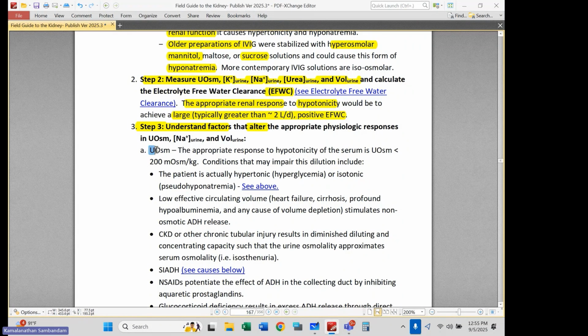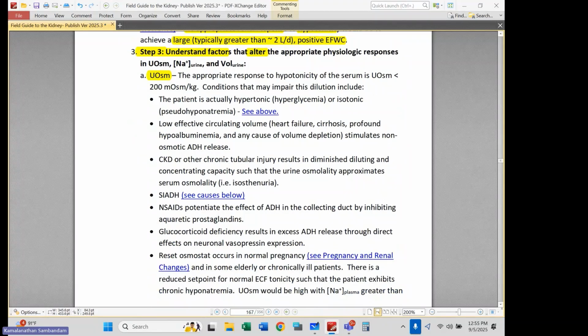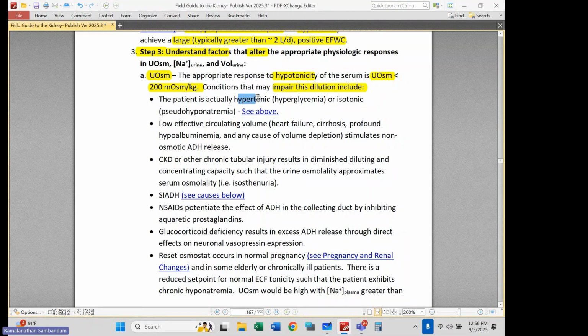Okay. So let's talk about the physiologic response in terms of these parameters and then things that can alter them. Okay. If I have a hypotonic patient, I should lower my urine osmolality to a relatively low value, 200 or so. Things that might impair this dilution include, well, the patient is actually hypertonic.